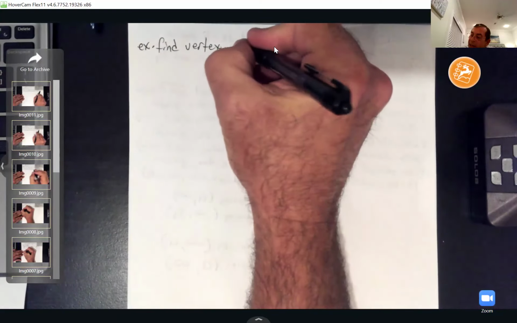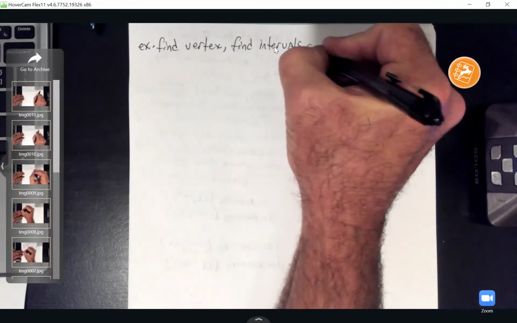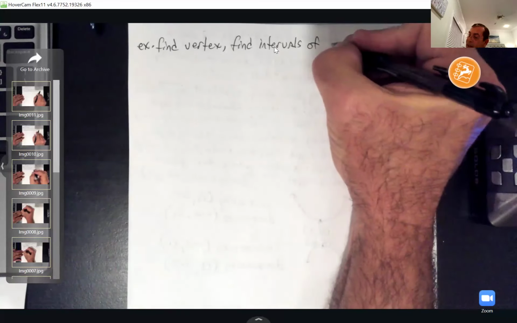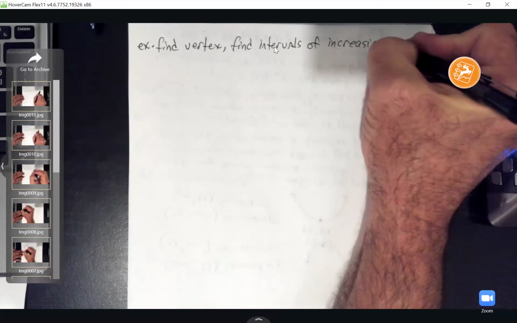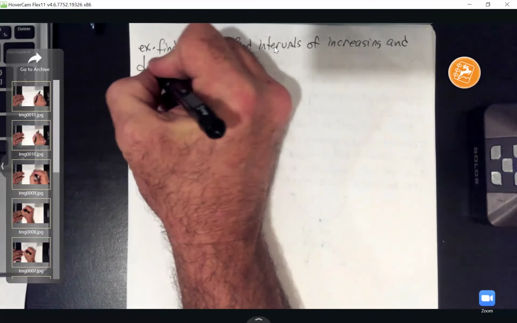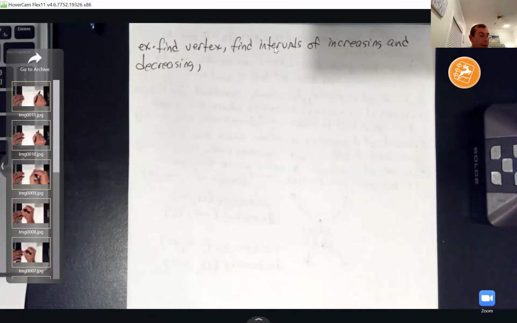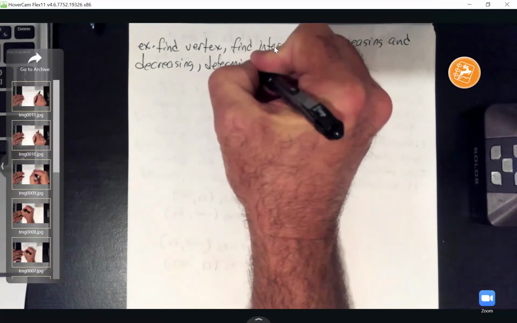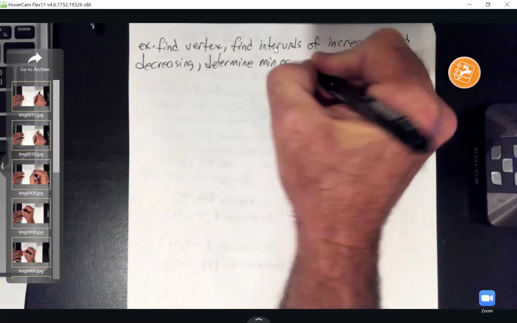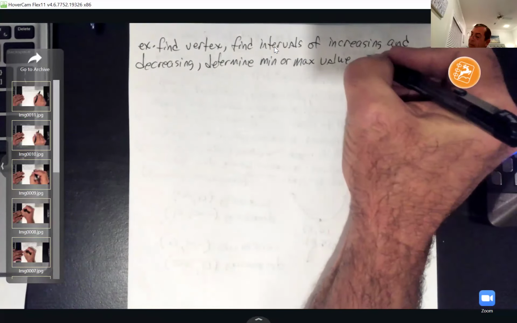I'm going to find intervals of increasing and decreasing. Determine the min or max value. And find the range.